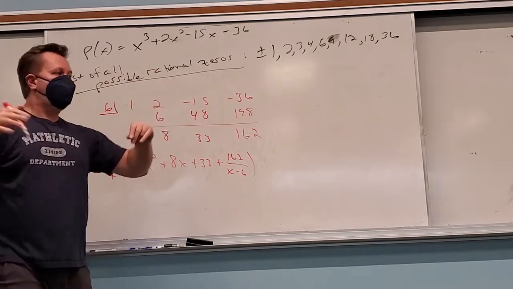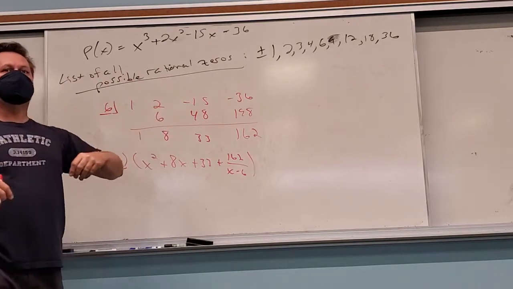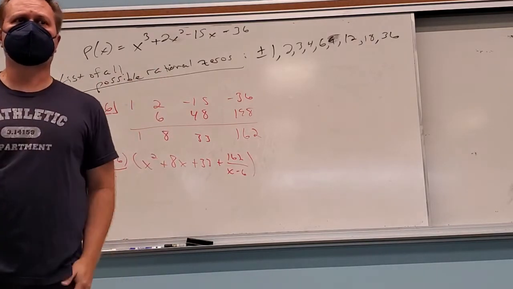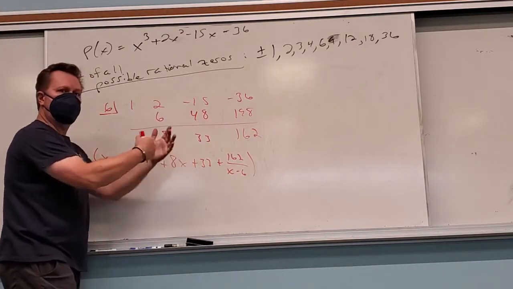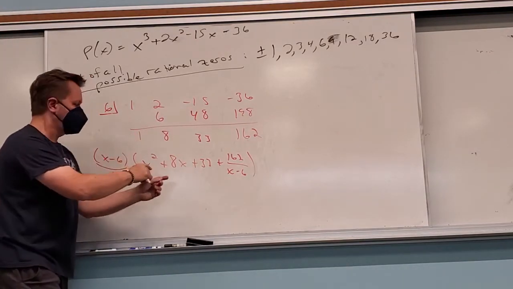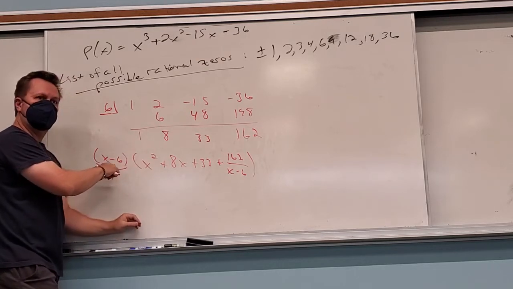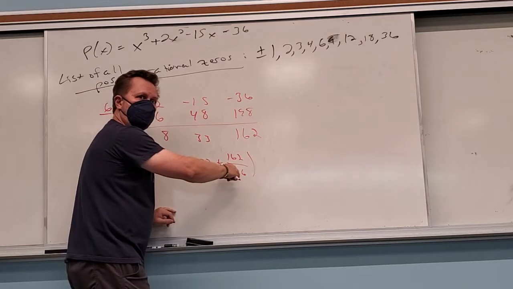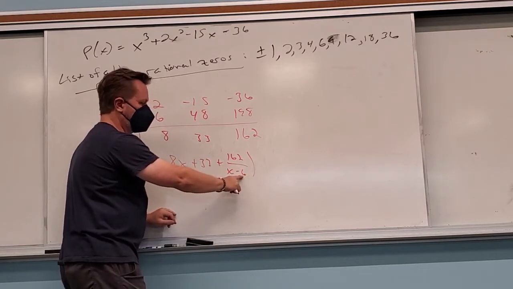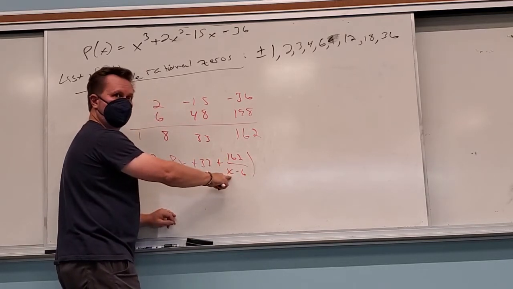So is there any way that a number above 6 makes it 0? The only way this could come out to be 0 is if some of these canceled with each other, right? But if I put any number above 6, are you guys cool with that, it's positive, positive, positive, and positive, right? If it was below 6, this could be negative, couldn't it?